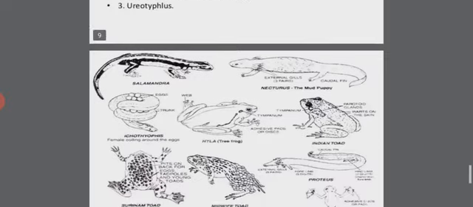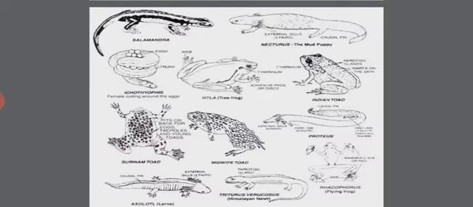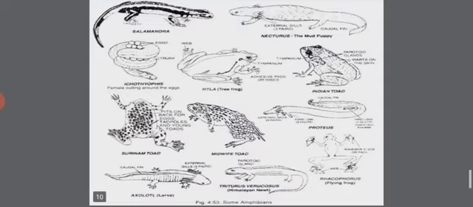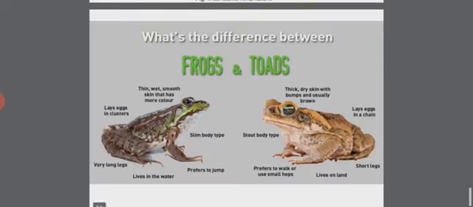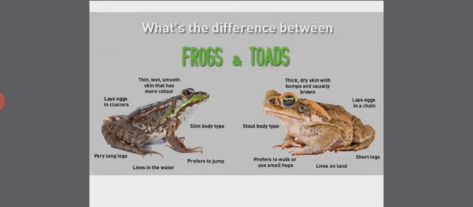Here is a slide wherein you can see a variety of amphibian species which are shown here. And let me go through the last slide of this class Amphibia. What is the difference between frogs and toads?